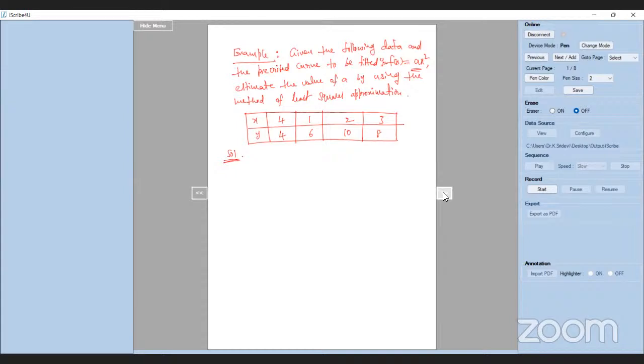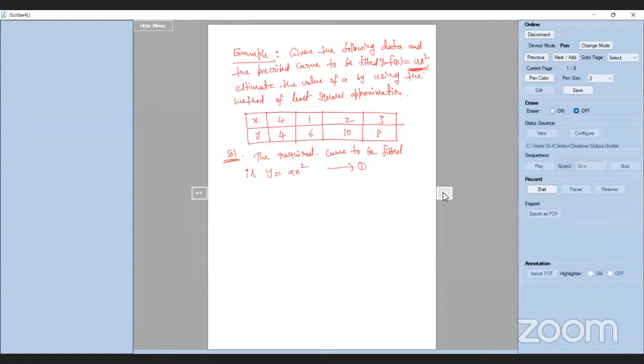First, what will we do? Already the function is given in the form of y is equal to a into x to the power m. So our required curve, which is to be fitted, is this one: y is equal to a into x square.